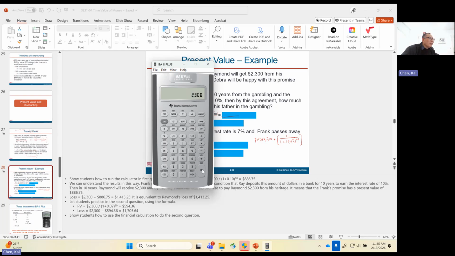Then click the equal sign, and we get this number on the screen. That is the dollars Raymond actually lost to his father in the gambling, the net loss that Raymond suffered.